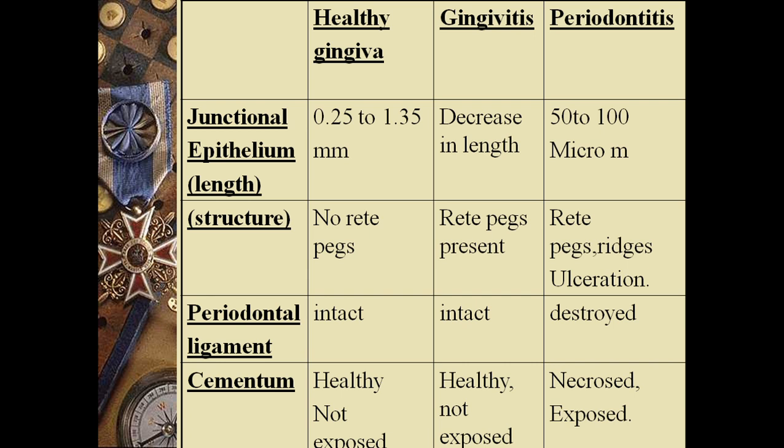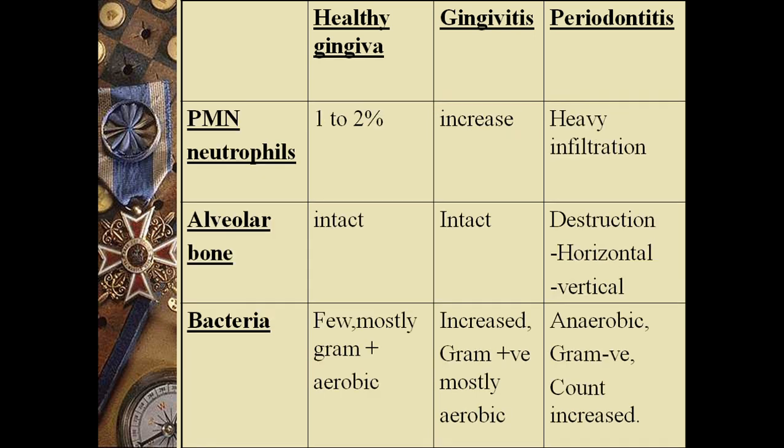Periodontal ligament will be intact in healthy gingiva and gingivitis, but it will not be there in periodontitis. It will be destroyed in periodontitis. Cementum is not exposed in healthy condition as well as in gingivitis, but it is exposed, altered and necrosed in periodontitis.